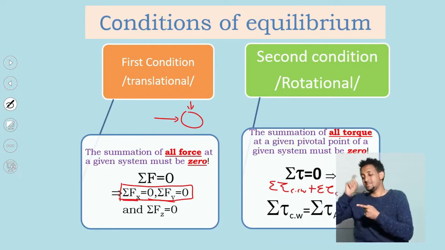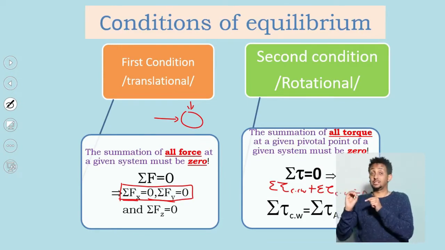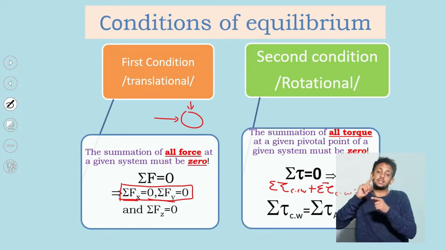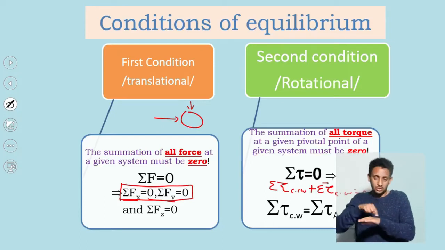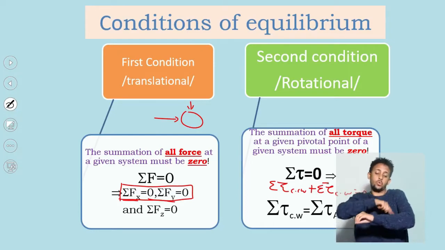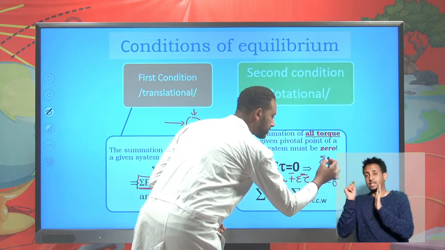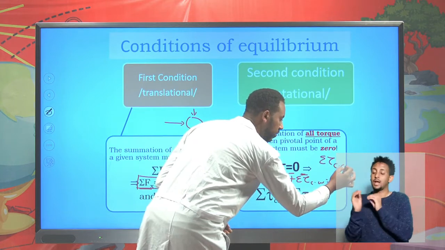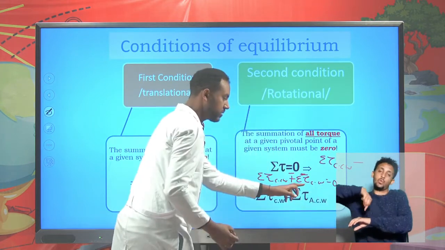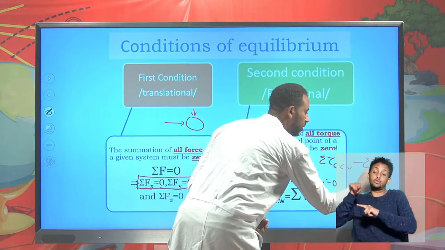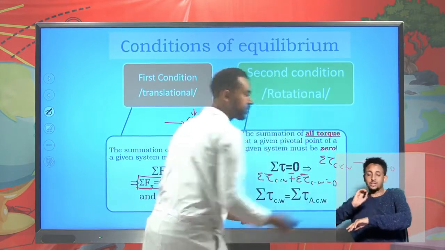But for sign convention, we know that the net torque acting clockwise can be considered negative, whereas torque acting counterclockwise, or anti-clockwise, can be considered positive. So the counterclockwise torque minus the summation of clockwise torque is zero.